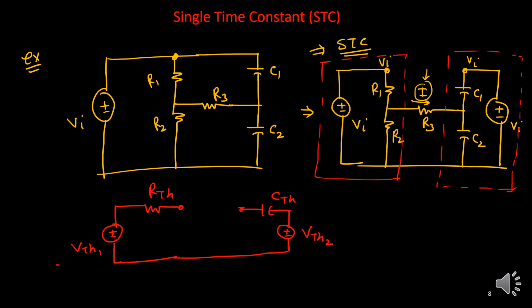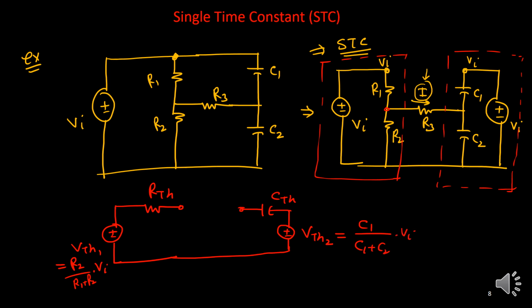What is VTH1? It is potential divider across R2. So it is simply R2/(R1 plus R2) times V, or here it is VI. Similarly, VTH2, what is that? Across capacitor C2. So in that case, I should consider C1/(C1 plus C2) times VI.